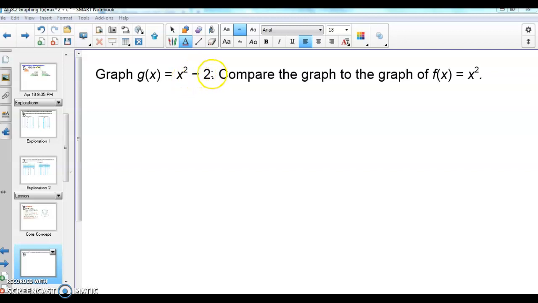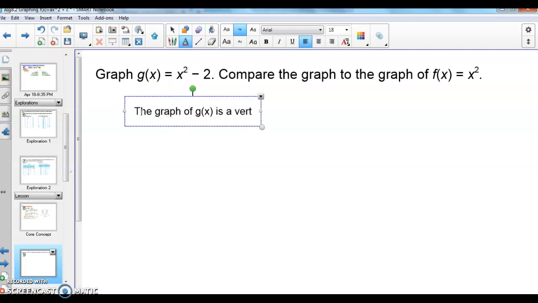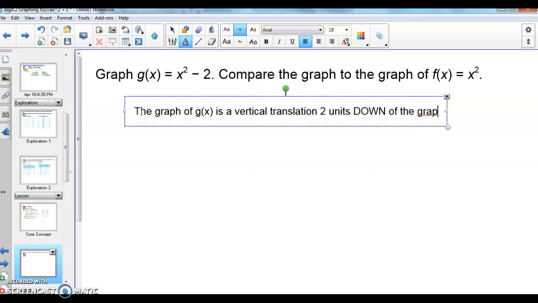So since the value of c is negative, we say the graph of g of x is a vertical translation 2 units down, because it's negative, of the graph of f of x.